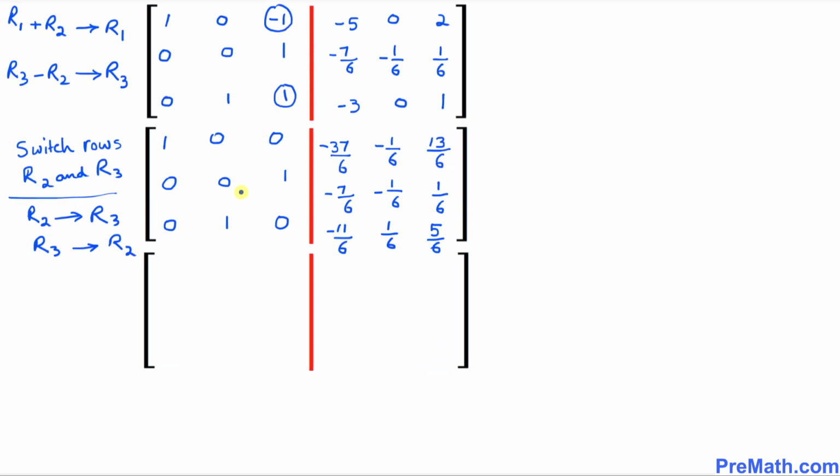And we are almost done. The only thing we need to do is switch row 2 and row 3 to make it an identity matrix. So this is what we're going to do.